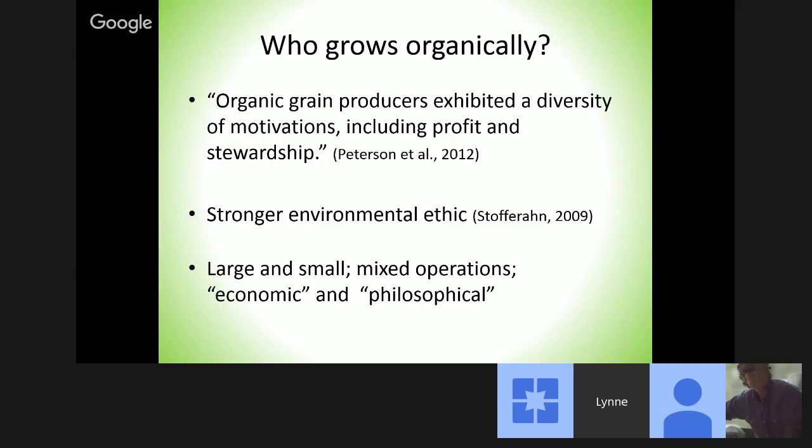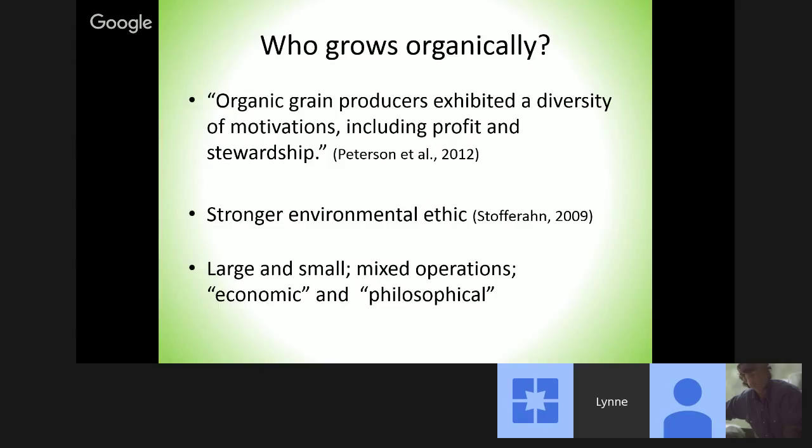So we wanted to start the project acknowledging that we're doing this because organic growers in particular, from our experience, really want to know what their footprints are and how to do things better.